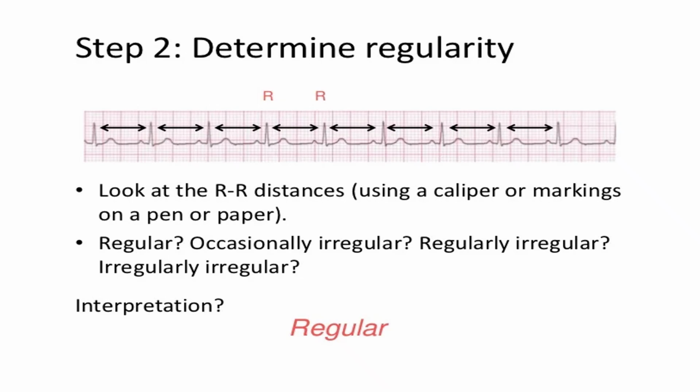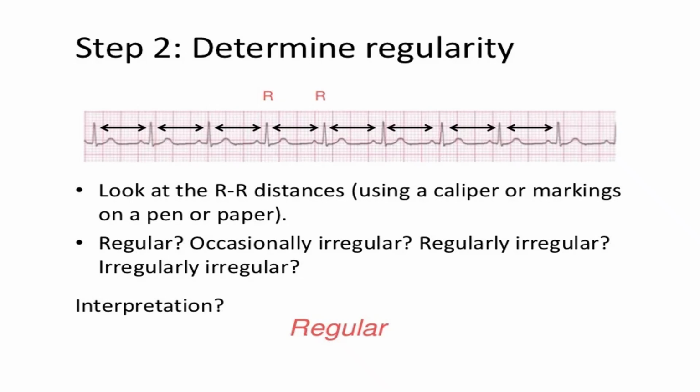Is it occasionally irregular? If it is, that could mean you have a premature ventricular contraction. Or is it regularly irregular, or is it very, very irregular? That'll help determine if you have just some premature beats or if your underlying rhythm is irregular.